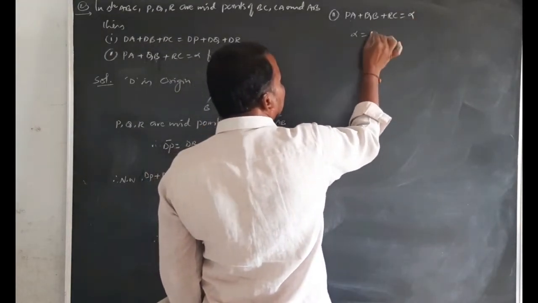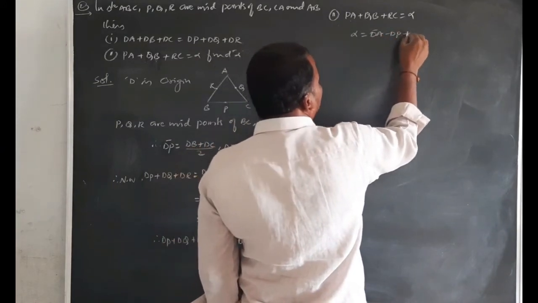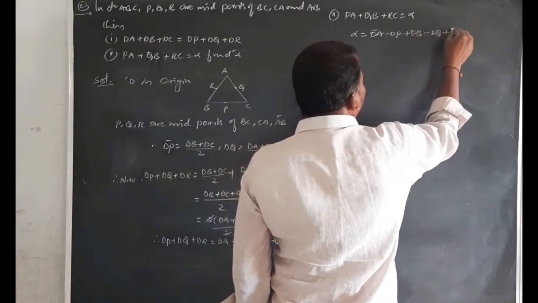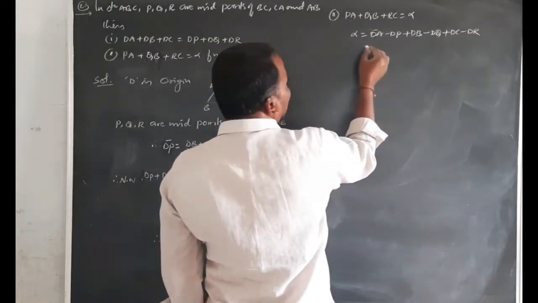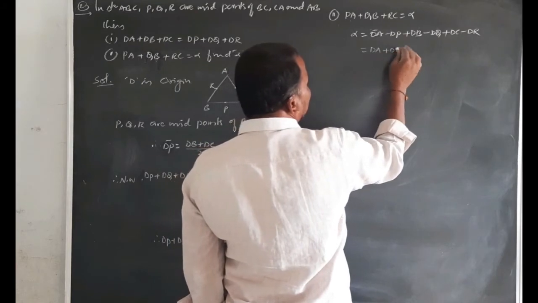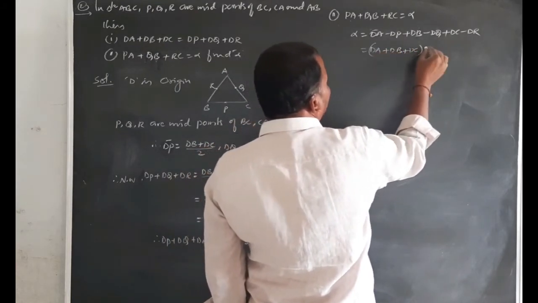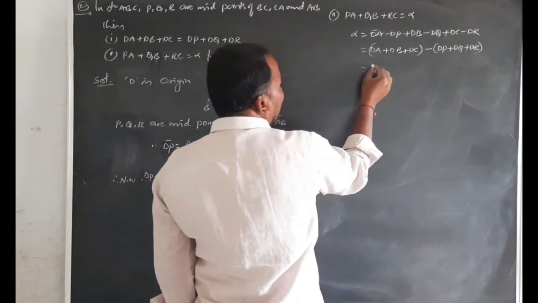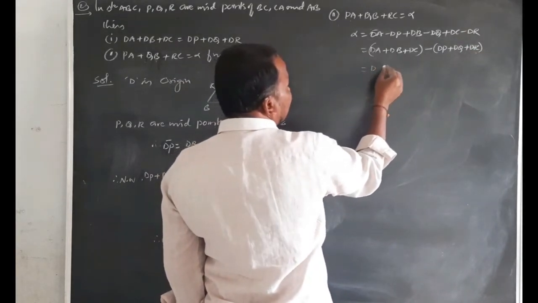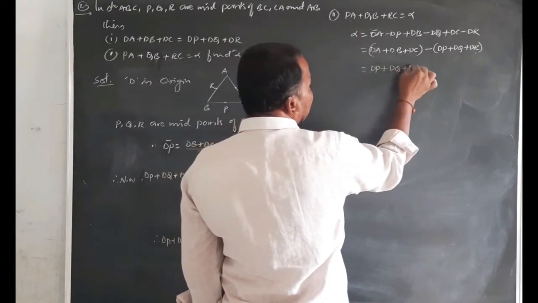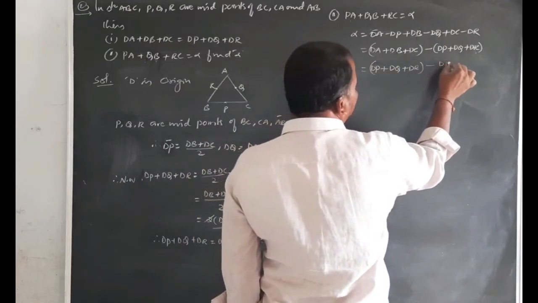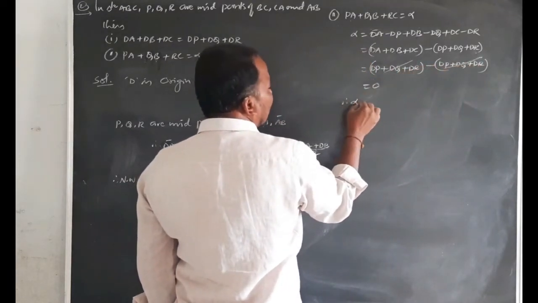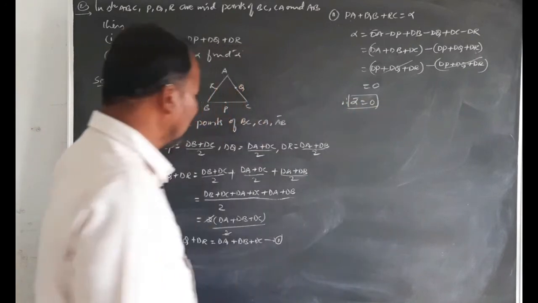Alpha equals PA, that means DA minus DP, plus DB minus DQ, plus DC minus DR. That is DA plus DB plus DC minus of DP plus DQ plus DR. So from the first result, DA, DB, DC in terms of DP plus DQ plus DR, minus DP plus DQ plus DR, cancels and equals 0. Alpha equals 0.